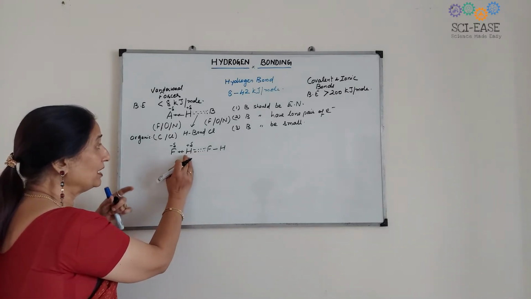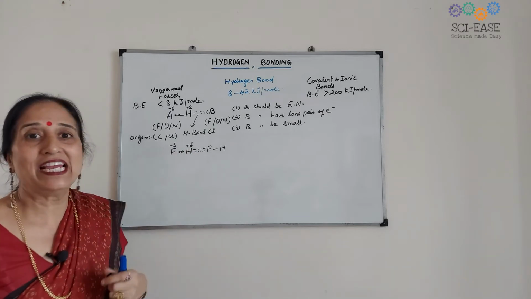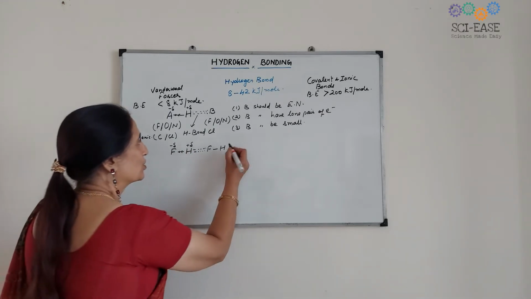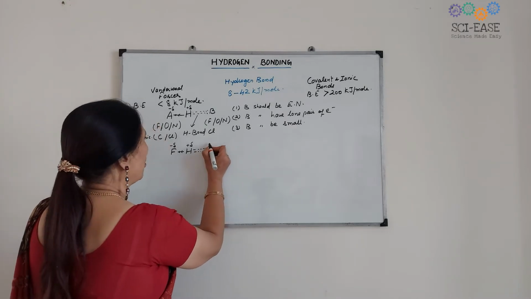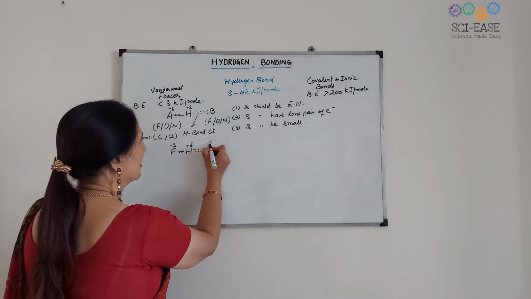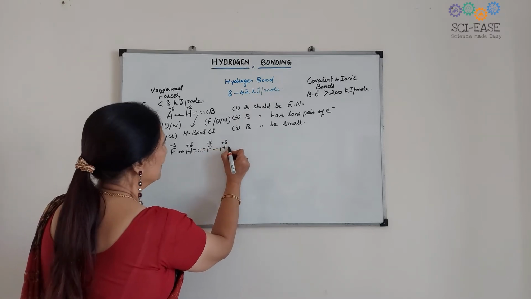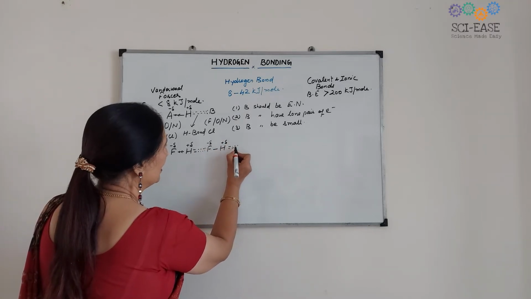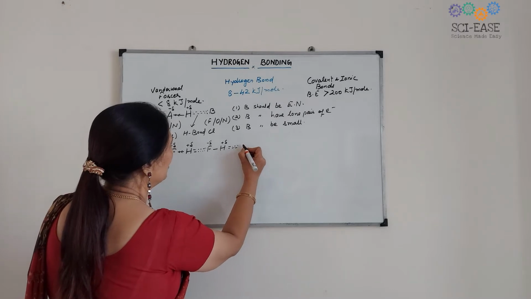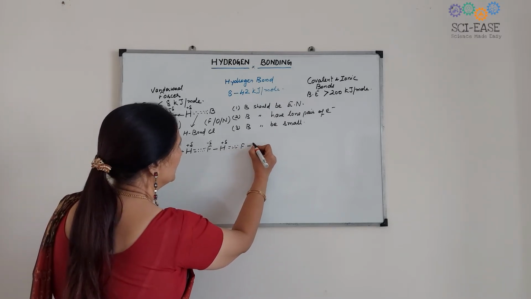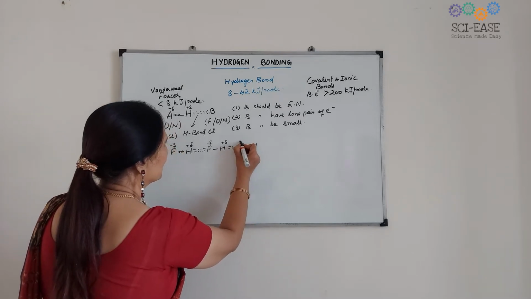The bond between the two molecules of HF, that is the hydrogen bond. Many molecules of HF can combine together and result in the formation of hydrogen bonds. Clear?